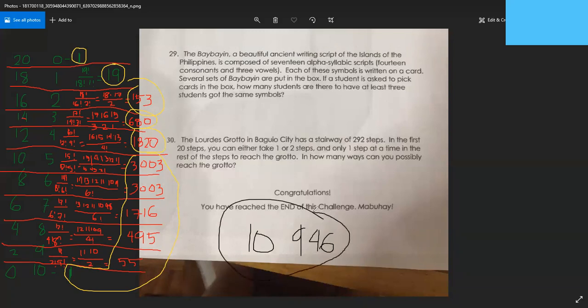So that's the answer for number 30. I think it's a last question worthy. Since this is the last question, the one taking the exam must exert more effort for that last question.